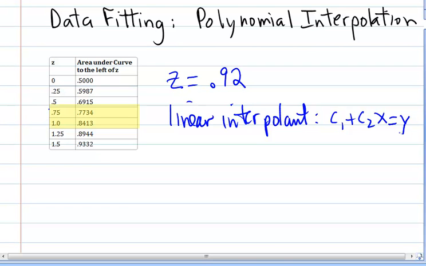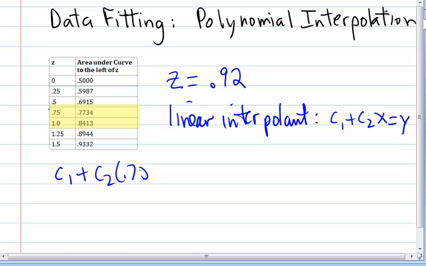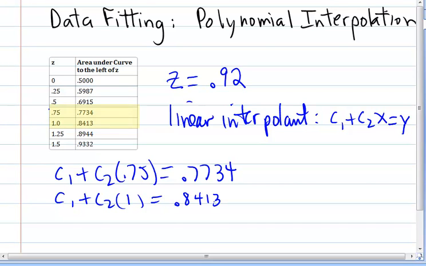When I substitute 0.75 for x, I should end up with 0.7734, the table value. And likewise for the second data point, when I substitute 1 for x, I should end up with 0.8413 for y. And that is the system of equations that I will solve to find c1 and c2, the coefficients of the interpolant.